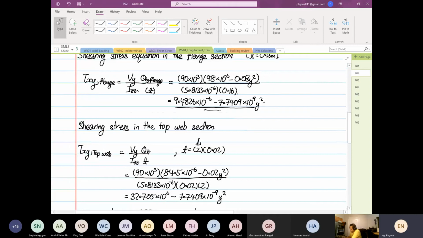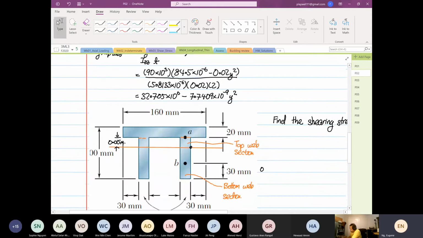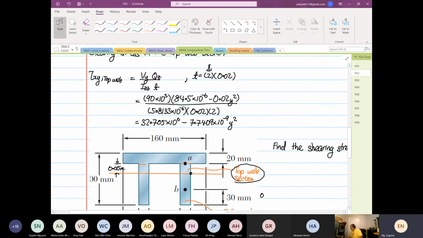Then we did another one for the shearing stress in the top web section. If we go to this figure over here, we have found our shearing stress in the top web section. The important thing to take note of is that for the top web section, the first moment of area you have to consider is this entire region. So you have to include the flange and the top web.